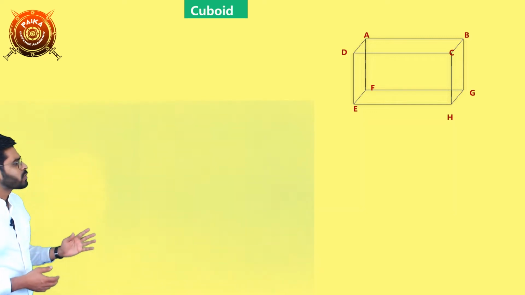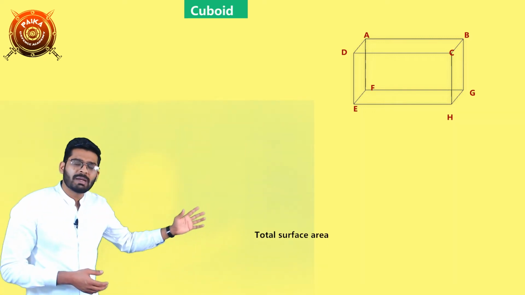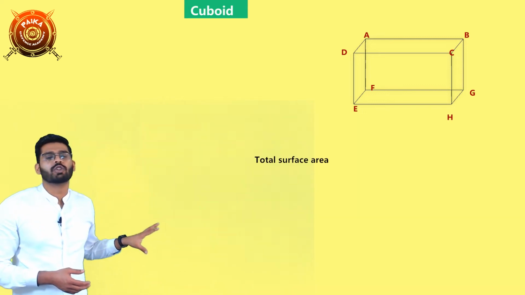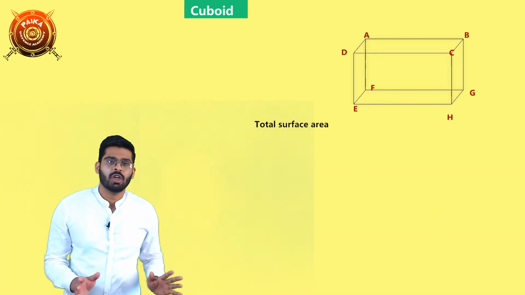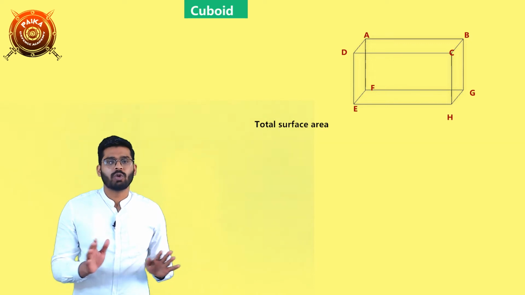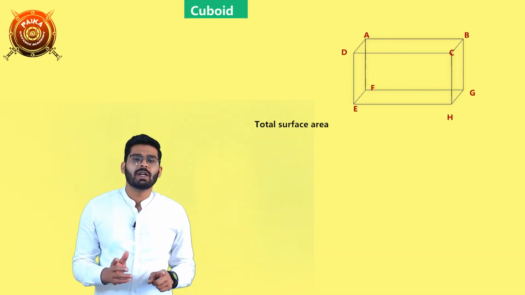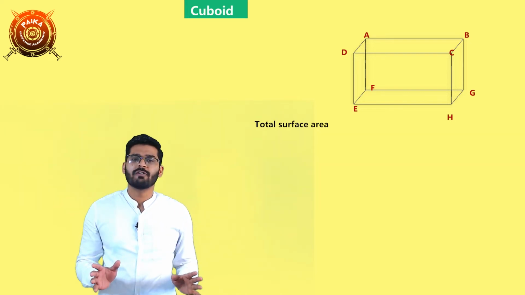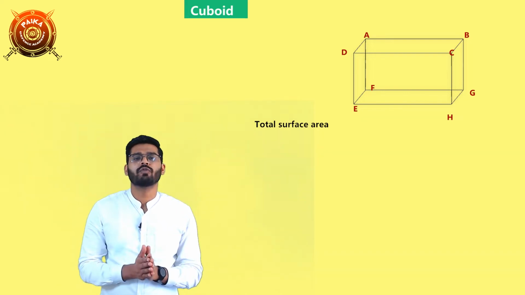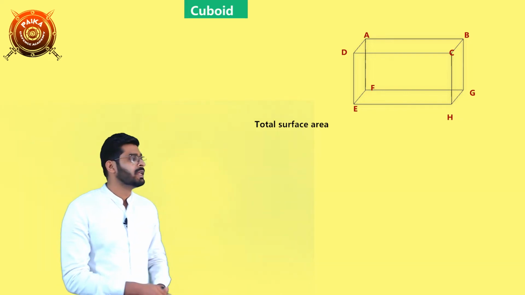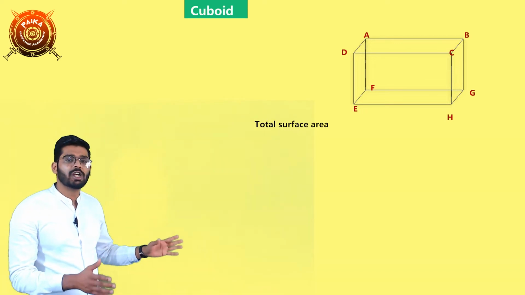Students, whenever you are asked about the total surface area of a cuboid, remember that total means pura, as you say in Hindi. It means you have to find the area of these 6 rectangular faces and add them.